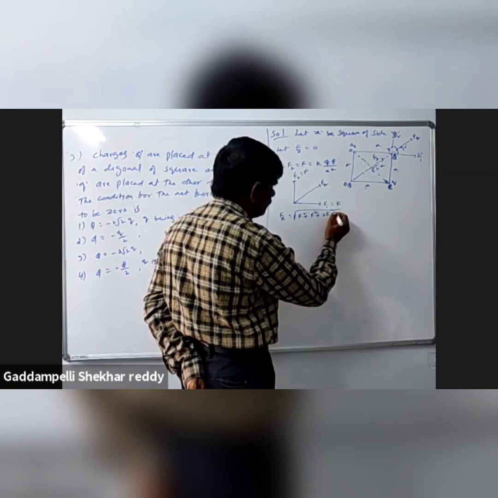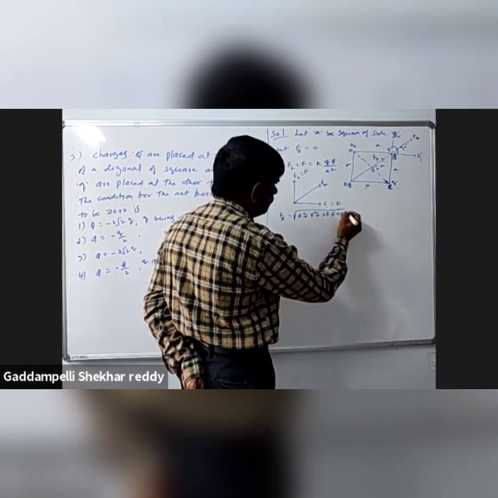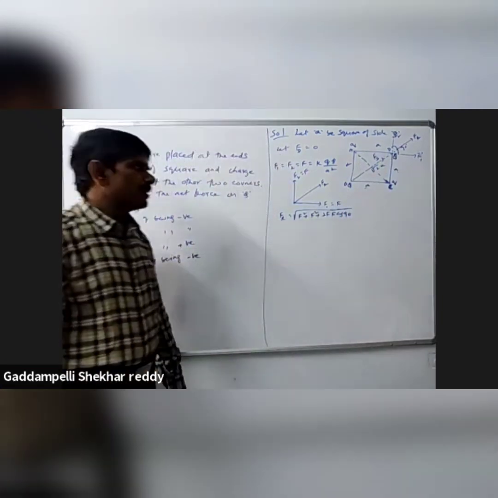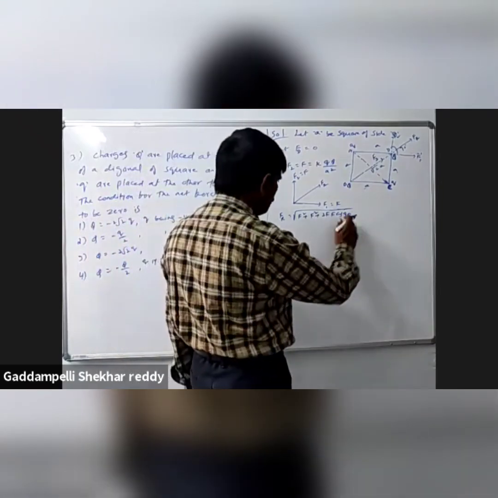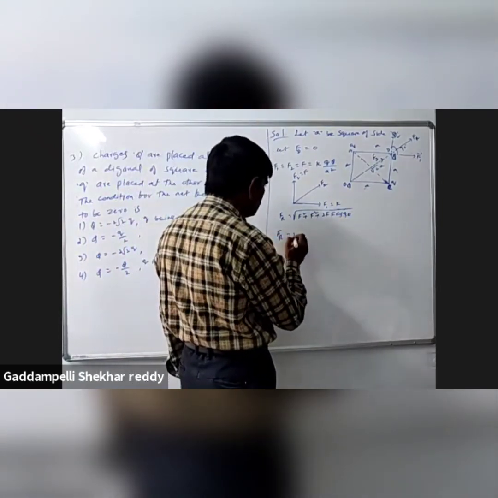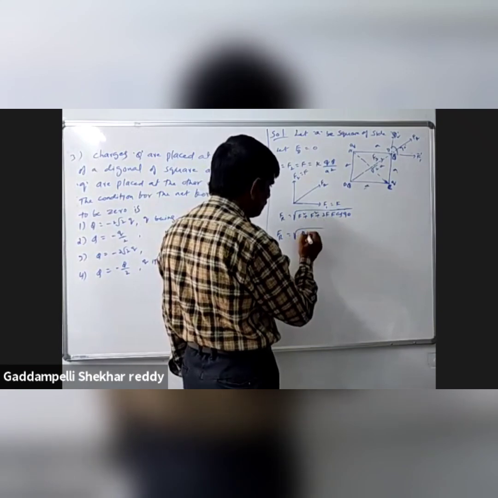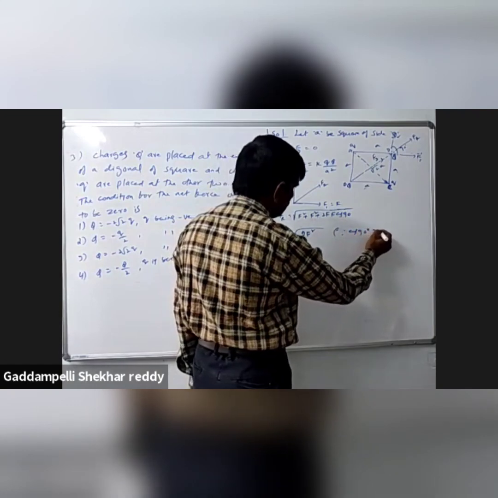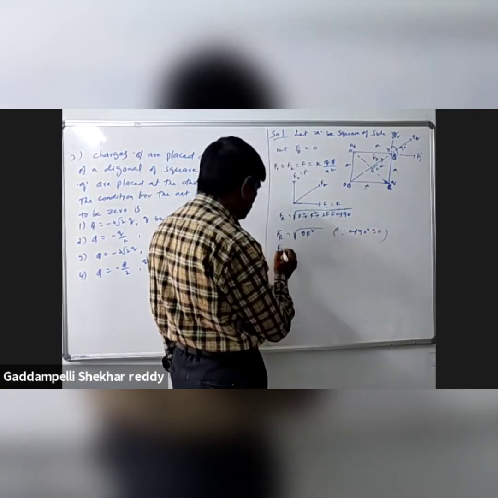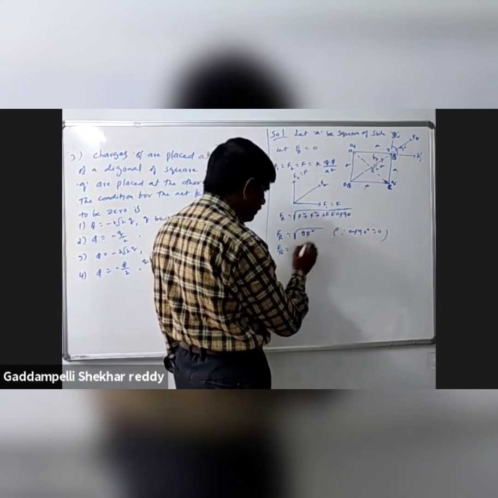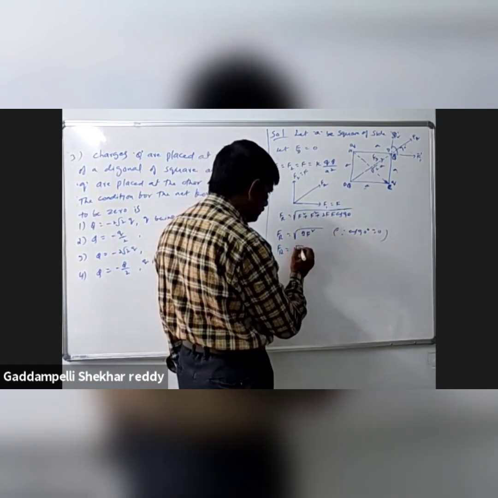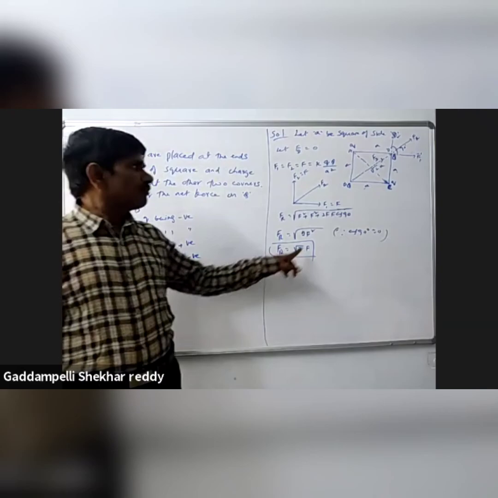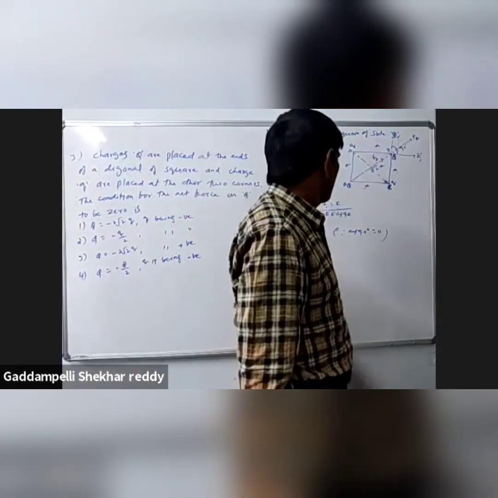F1 means F, F2 means F. Cos theta, theta value how much? 90 degrees. So cos 90 value is 0. That means F4 is equal to F square plus F square, which is 2F square, since cos 90 is 0. So F4 equals root 2 F. That means F4 is the resultant force of F1 and F2.